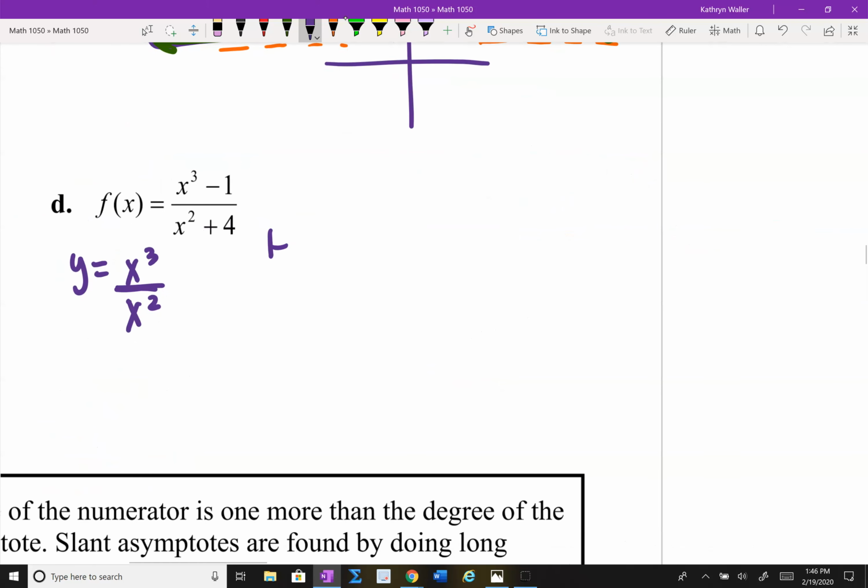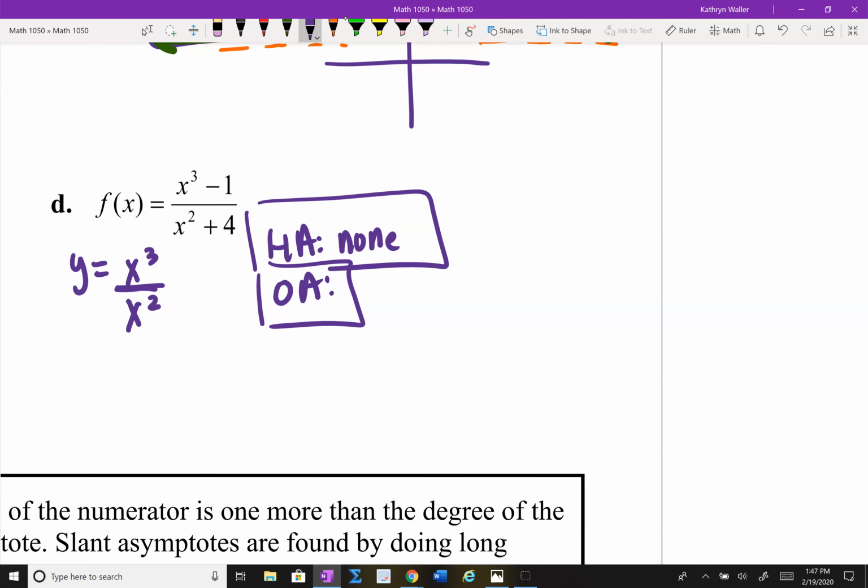So the horizontal asymptote would be none, and it would actually be an oblique. I need you to understand that the non-vertical is either horizontal or oblique, never both. Never two, just one. Okay, so it's going to be an oblique, and that's all I'm going to say for now. Just the connection that our asymptote is oblique.